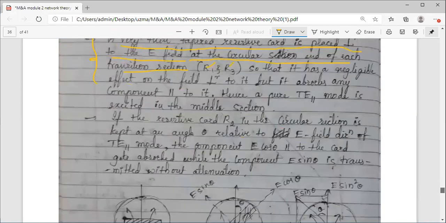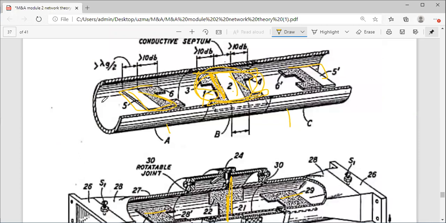You can see here, the electric field direction will be like this, and these are the perpendicular resistive cards. So R1 and R3 should be kept perpendicular. There is a reason for it. If I keep it completely parallel to it, what will happen? There exists more absorption. We don't want the signal to be lost here itself.